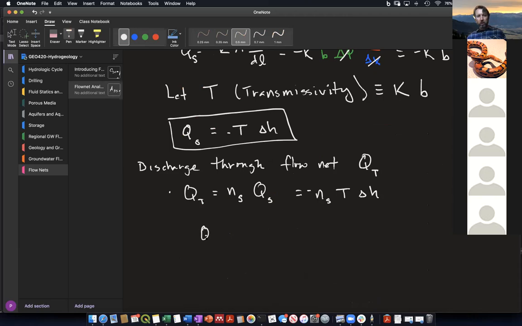The total discharge out of my flow net is equal to the number of stream tubes divided by the number of head contours times the transmissivity of my aquifer times the total head drop in my flow net.